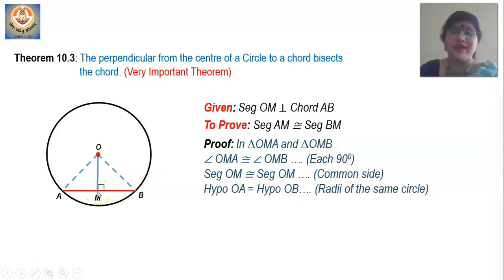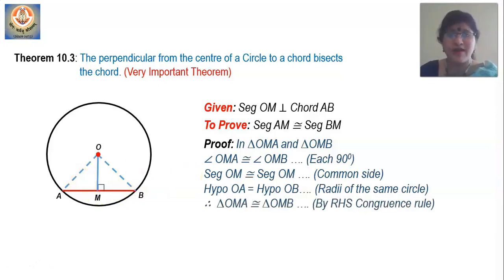So the two triangles become congruent now by which test? They become congruent by RHS, that is right angle, hypotenuse, side test. This is the test for congruency when it is a right angle triangle, and most important, one of the perpendicular sides will be congruent and the hypotenuse will also be congruent.